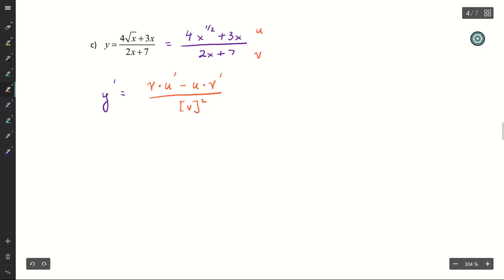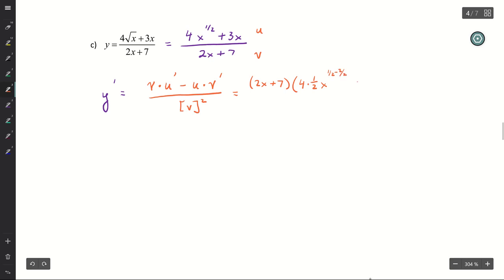All right, so on this one, let's go ahead and plug and chug. So the bottom is 2x plus 7, and then the derivative of the top, we'd have to take 1/2 and multiply it by the 4. I'm going to go ahead and write that step out. So it'd be 4, and then you're multiplying by the 1/2. And then you're also reducing that original power of 1/2 by an understood 1, and we're going to subtract it as a 2 over 2. So there's that first piece.